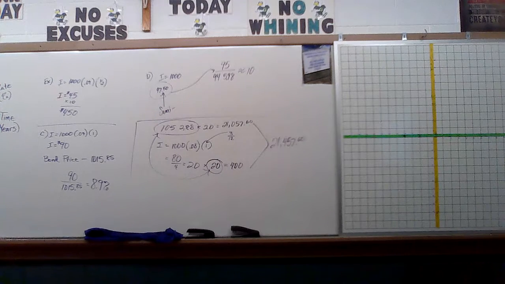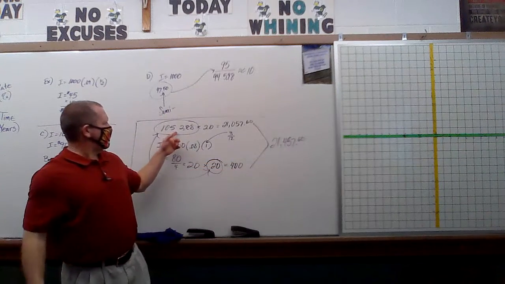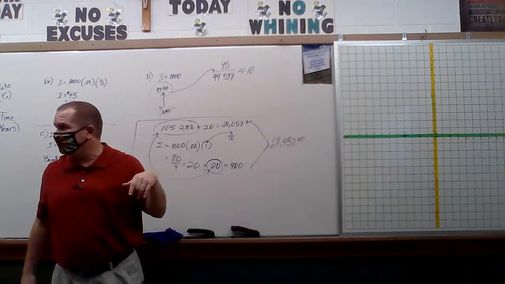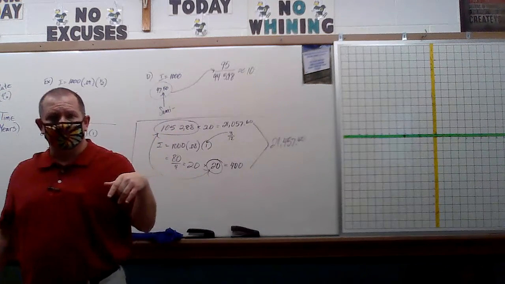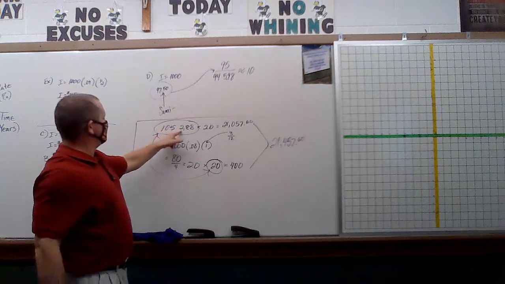So again, you gotta read the directions for the actual problem. This divided by 20 should give you that. Or should give you 1,072.88. So that's your answer. That would be your answer. 1,072.88.